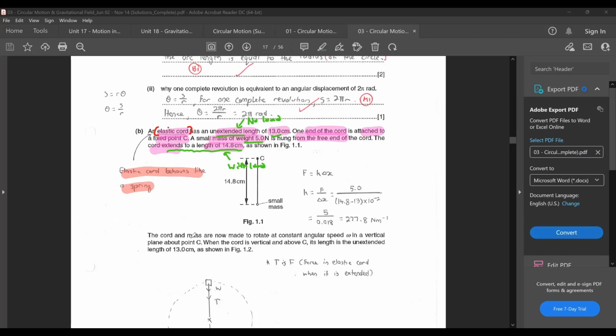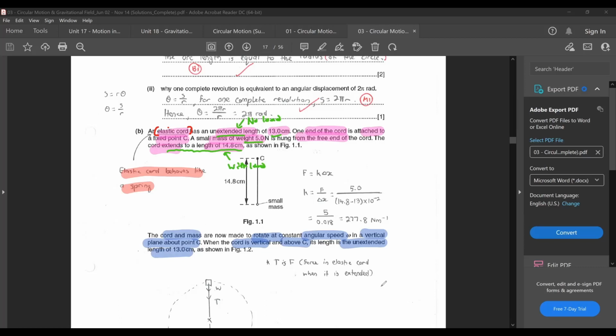Now, the later part of the question mentioned this. The cord and mass are now made to rotate at constant angular speed omega in a vertical plane about point C. When the cord is vertical and above C, its length is the unextended length of 13 centimeter. One thing to note here is that in the previous lesson, I mentioned when something moves in a vertical circle, their speed generally will not be the same.